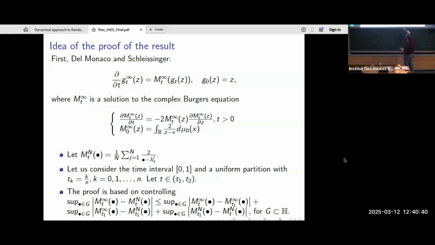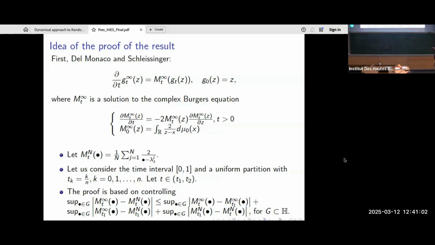This is the partition of time. You can see that the scale is 1 over little n. And now I want to control this type of object: the supremum between M_t^infinity, the corresponding right-hand side of the Loewner equation before integration, evaluated at the dot, minus M_t^N. This is my object to control.